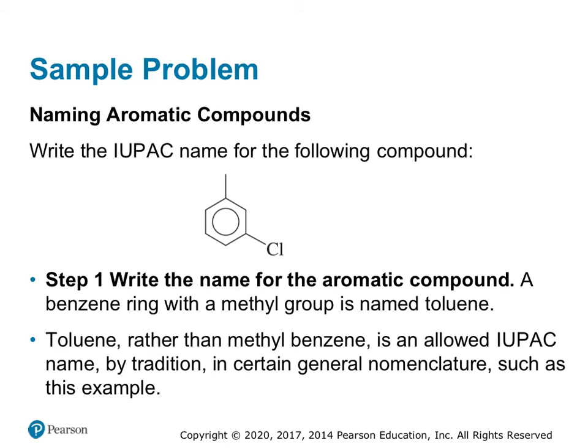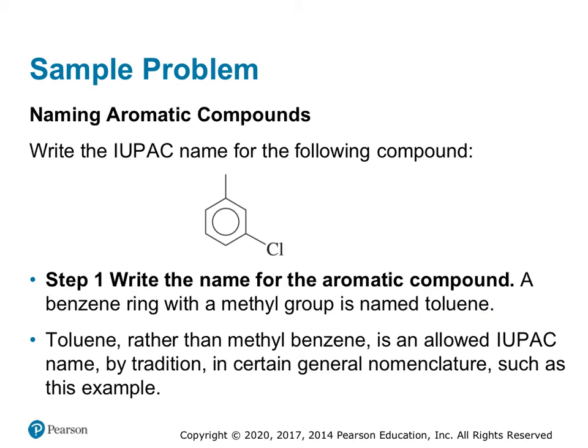So writing the IUPAC name for a compound. We need to know that we have a benzene ring, and then here we have a methyl group. So instead of naming it methylbenzene, it is more commonly known as toluene.